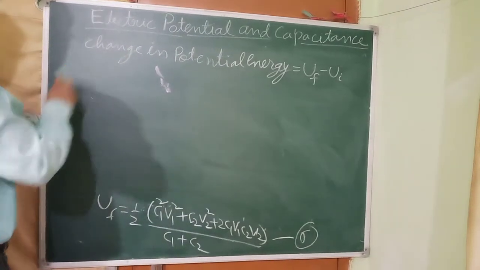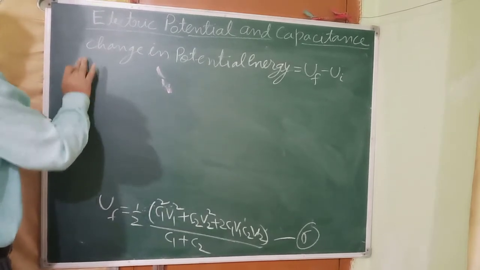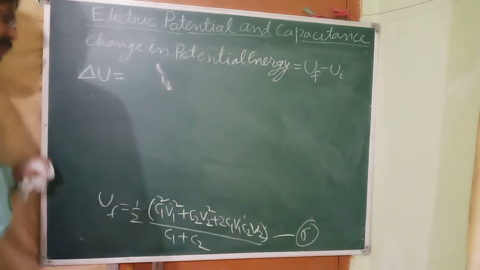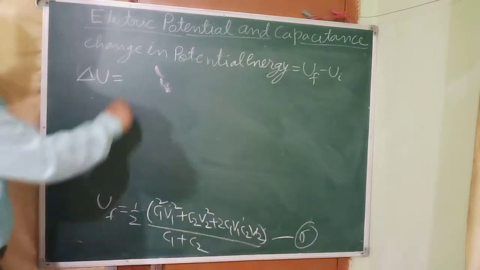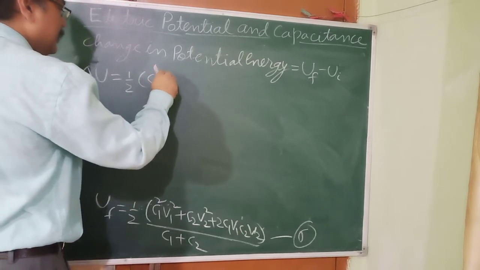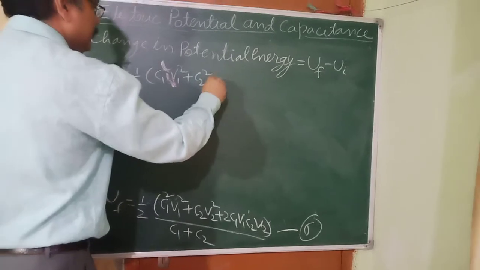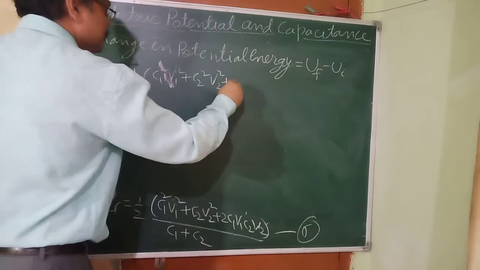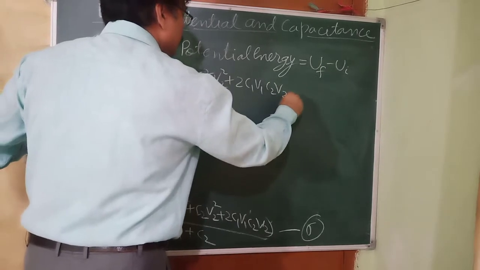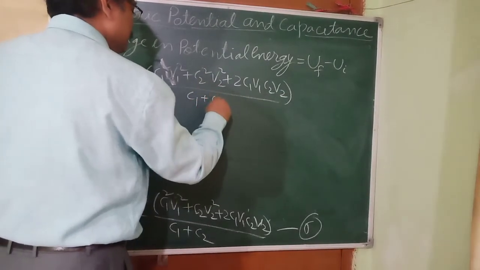So we can write here like this. Delta U is equal to, first we write the value of UF. UF is this much: half, inside the bracket C1 square V1 square plus C2 square V2 square plus 2 C1 V1 C2 V2, all upon C1 plus C2.